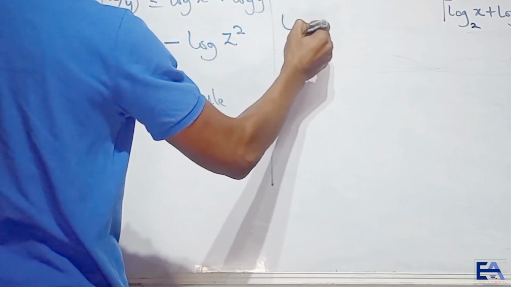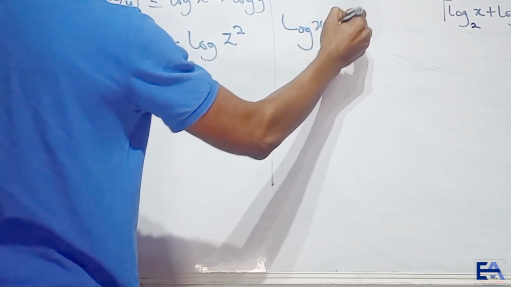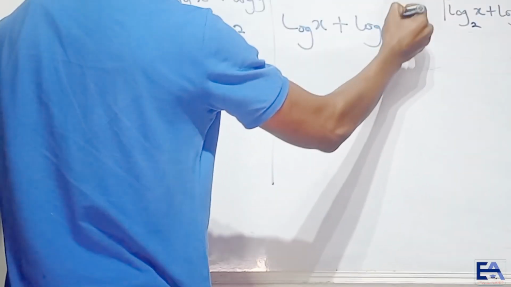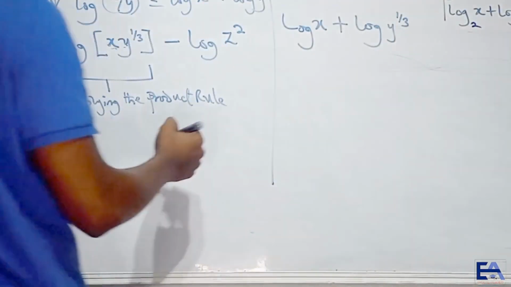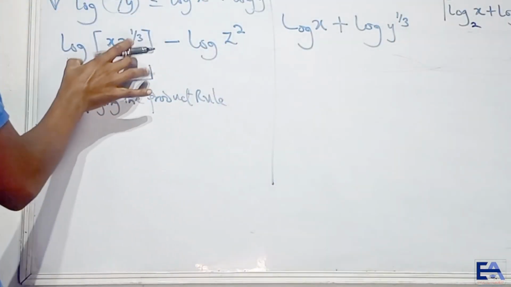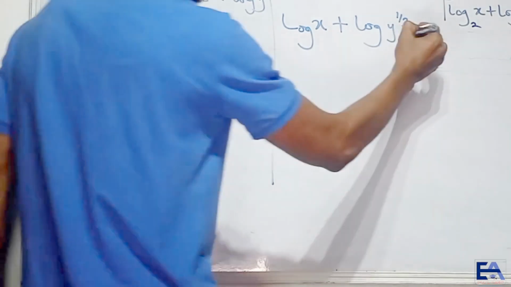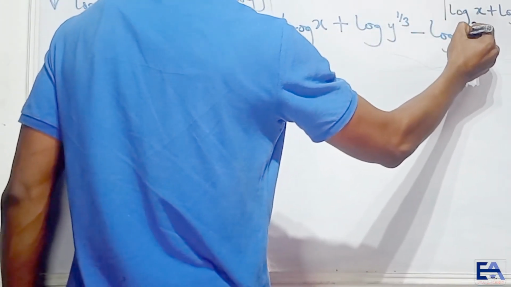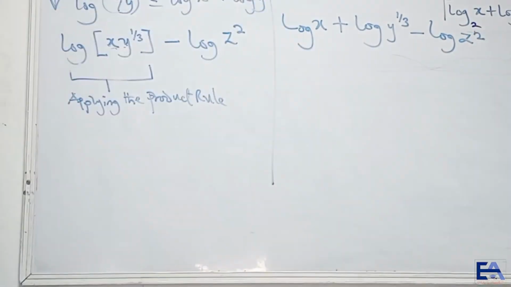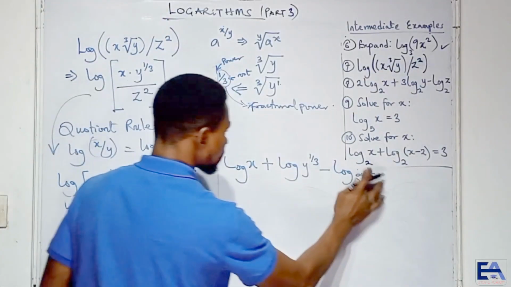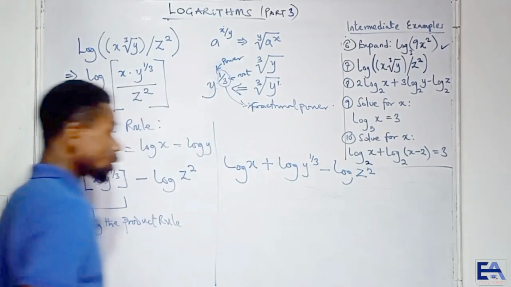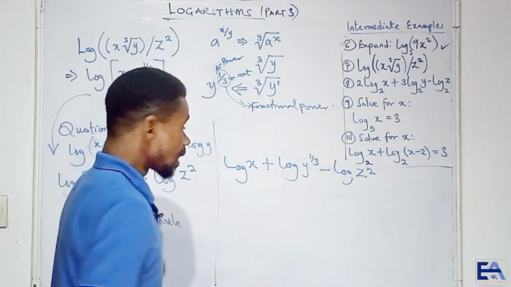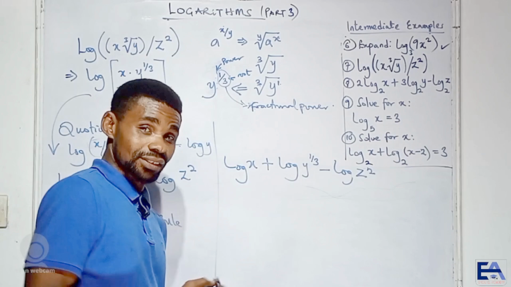So this part will give us log x plus log y raised to 1 over 3. Then you put this one here, minus log z squared. Some people call it z, okay? Log z squared. Yeah, this is Africa, Nigeria, z.